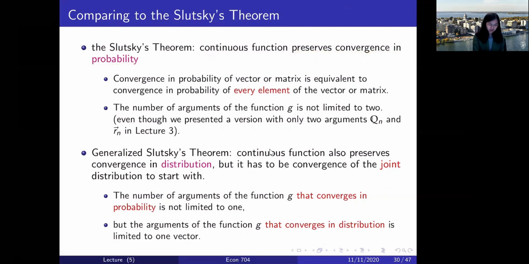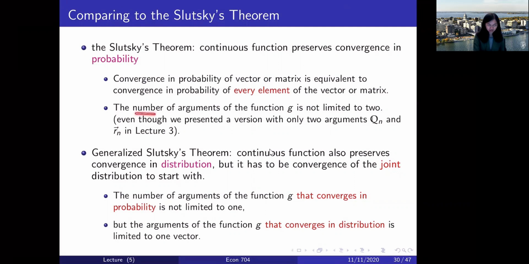If you have a bunch of random arguments that all converge in probability and you put them in a continuous function, then that function also converges in probability. There is no limitation to how many arguments you can put into that continuous function.